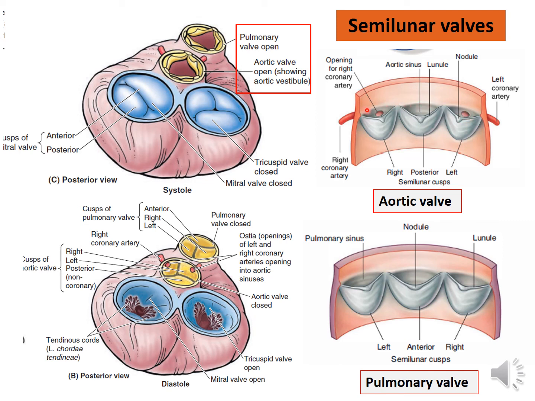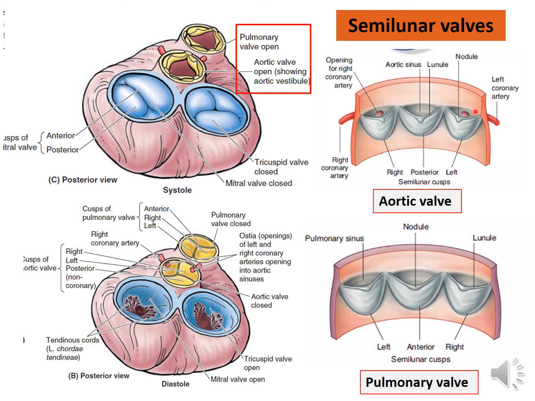They are called sinuses. In case of the aortic valve, they are called aortic sinuses. In case of the pulmonary valve, they are called pulmonary sinuses. The aortic sinuses are very important to know because 2 of them give origin to the coronary arteries. I will discuss this in the next lecture.